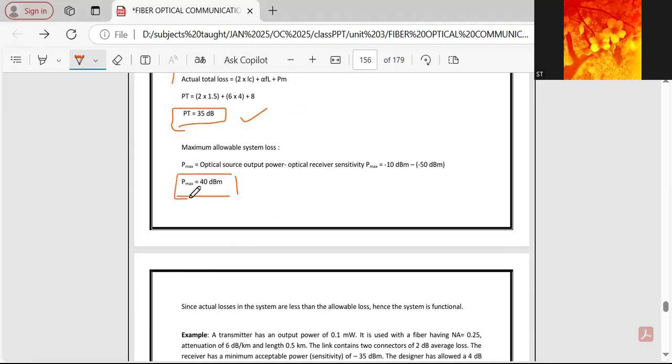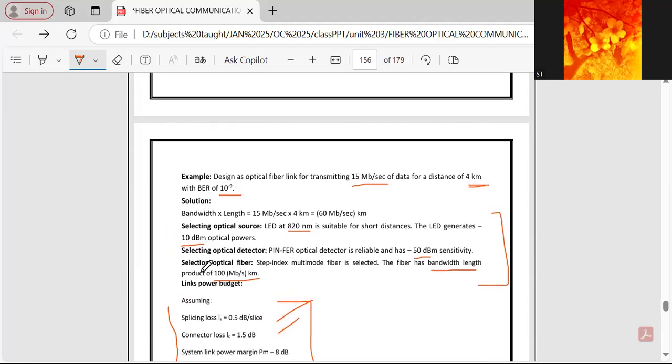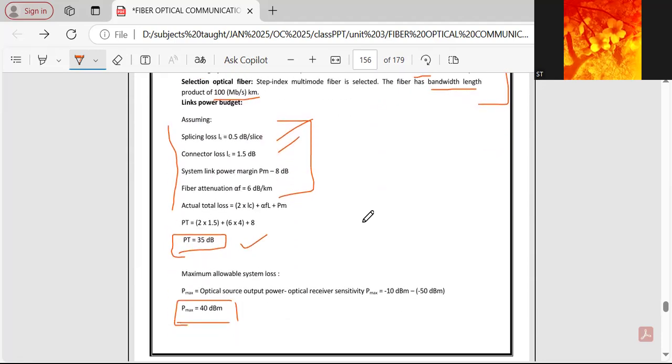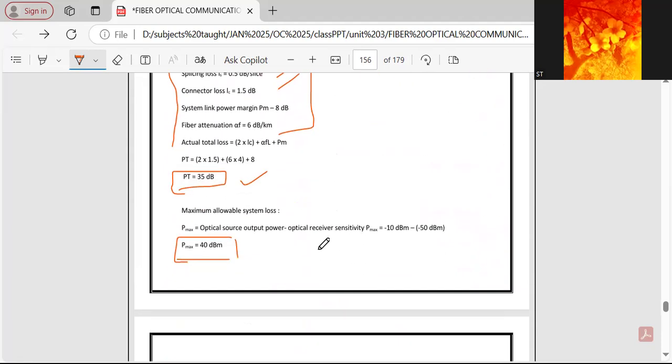If the actual loss within the system is less than the allowable loss, then the system is functional. So with these parameters, we have designed an optical fiber link having a total system loss of 35 dB, which is less than the total permissible loss.